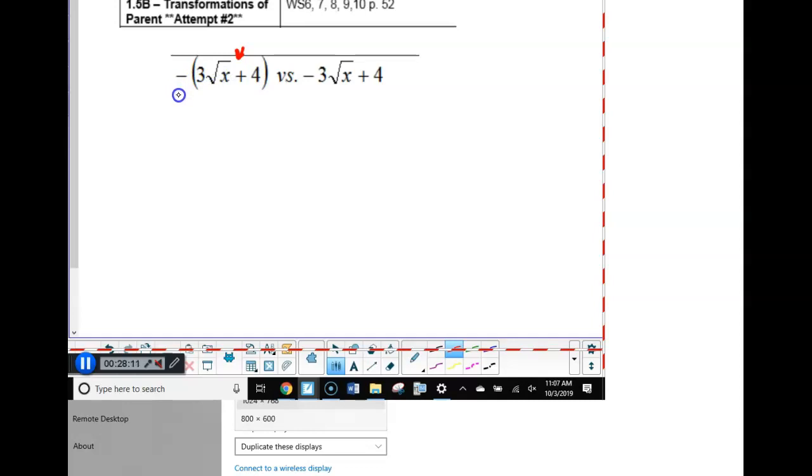So that's the order you have to tell me the transformations in. So this is the parent function. The first thing after you square rooted it was you multiplied by the 3. So the first thing you would tell me is it is a vertical stretch, and vertical things always do exactly what they seem. So that's a stretch by 3.